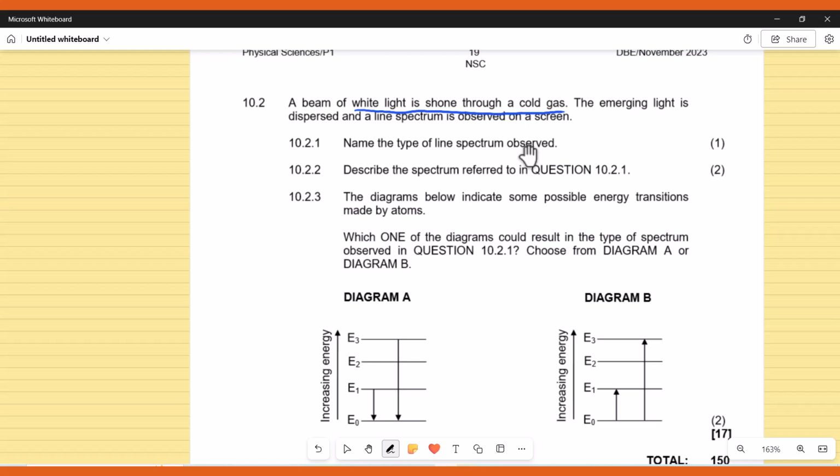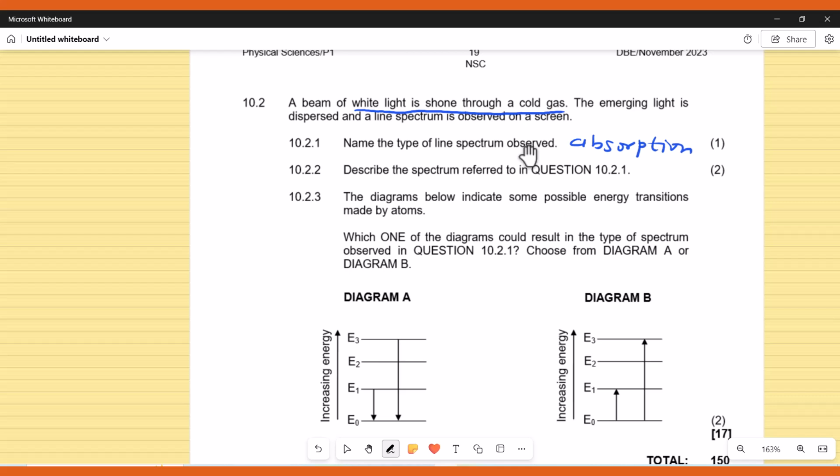Absorption, because the gas is going to absorb. So you're going to see an absorption spectrum. It's called absorption, because the cold gas will absorb. Then they say describe the spectrum referred to in this question.